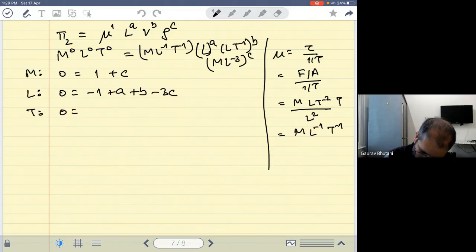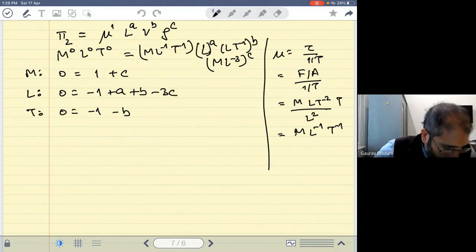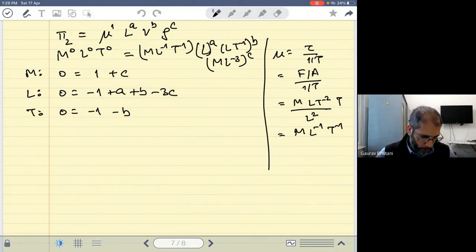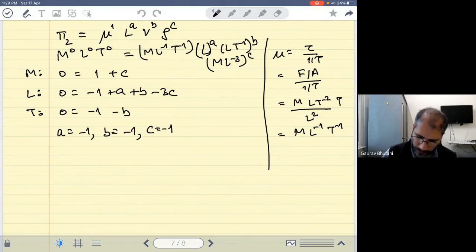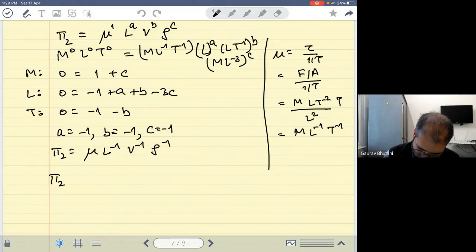And for T, we have 0 equals minus 1 minus B. Okay, so when we solve this, we get A equals minus 1, B equals minus 1, and C equals minus 1. So basically our pi2 then becomes mu L minus 1, V minus 1, rho minus 1. Or I can write this in a more convenient form as mu upon rho V L.